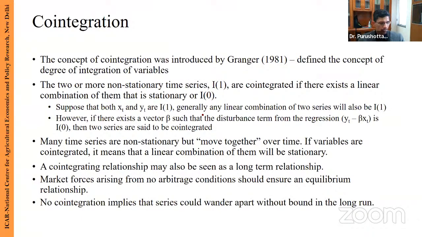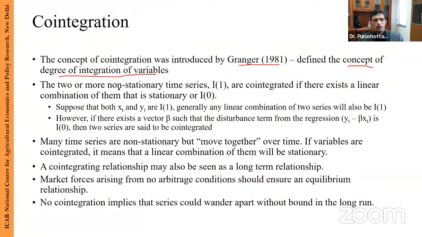is proposed by Granger in 1981, and he defined the concept of degree of integration of variables, particularly time series variables.